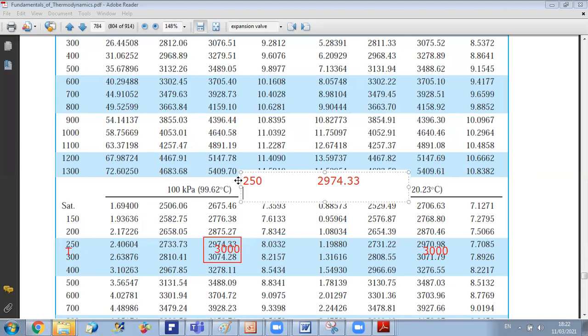And for a temperature of 300, the value of H is 3074.28.